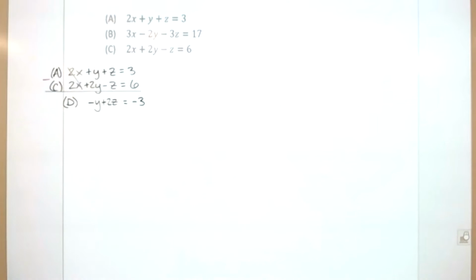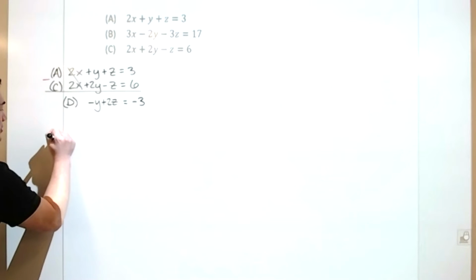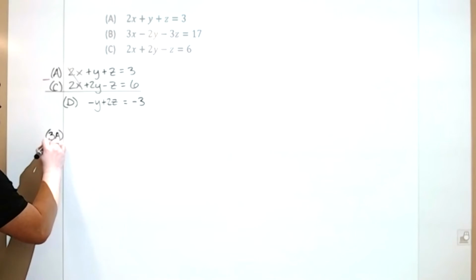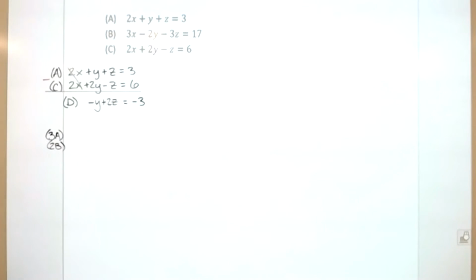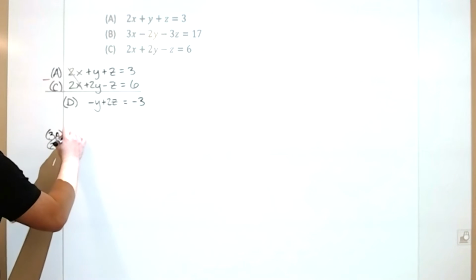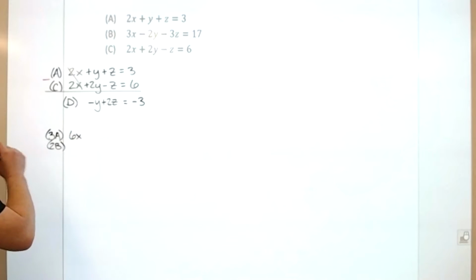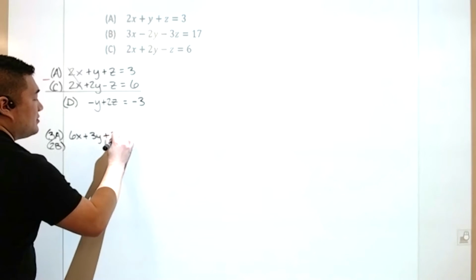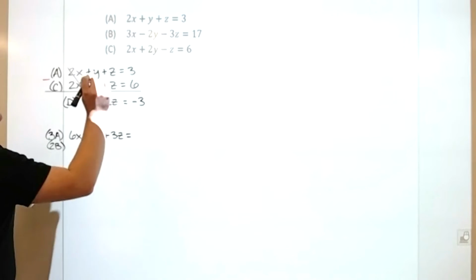Or in other words, 3A and 2B. So this means to multiply everything in A by 3. That's going to be 6x plus 3y plus 3z equals 9.